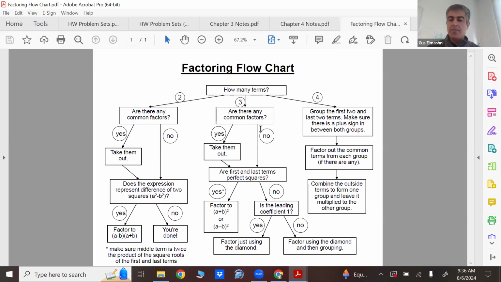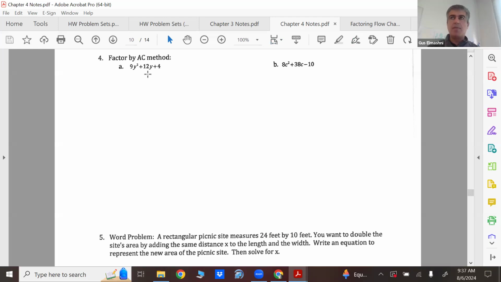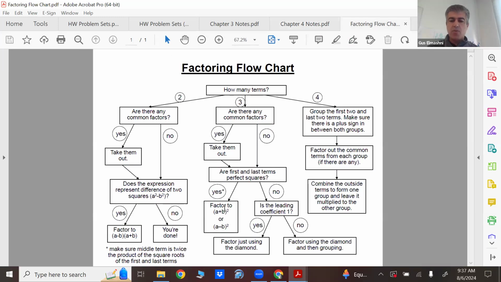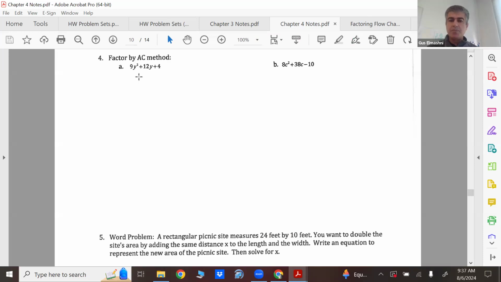So I'll go down. Are the first and last terms perfect squares? I think they are. Is 9 a perfect square? Yes. Is 4 a perfect square? Yes. So you're able to factor it by just taking the square roots of the first and last terms, as long as double the product of the square roots gives you the middle term. The square roots are 3y and 2. The product is 6y, and double that is, of course, 12y.